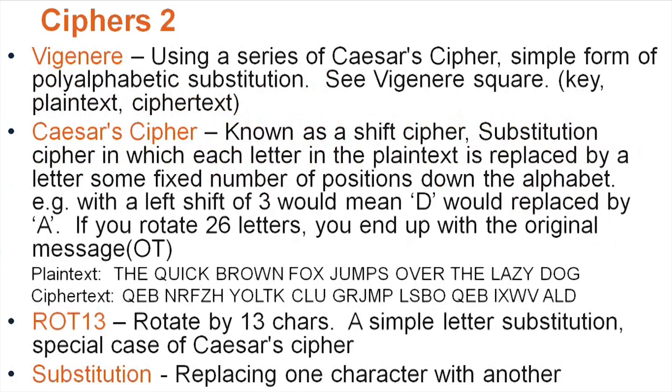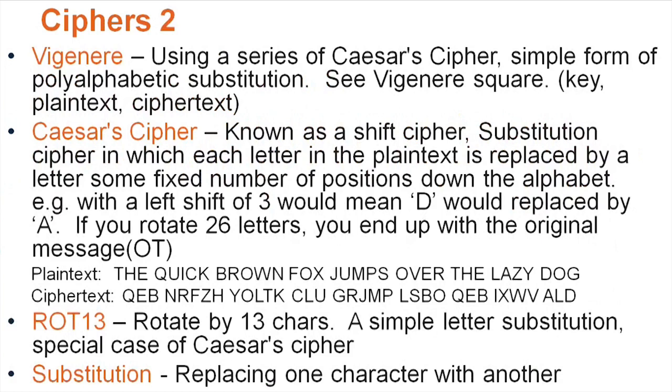A ROT13 is a rotate by 13 characters. It's a simple letter substitution. It's a special case of the Caesar cipher because if we rotate 13 letters down, and then rotate 13 again, 13 plus 13 is 26, so we end up with the same original alphabet. You might rotate 3, rotate 3, rotate 3 again, and that's what you end up with as your ciphertext.